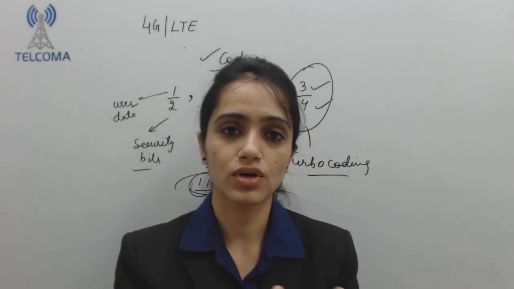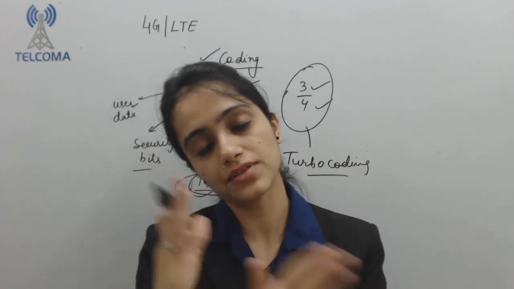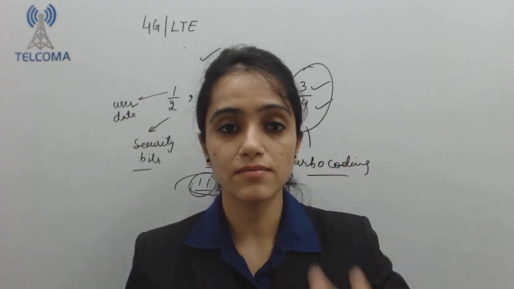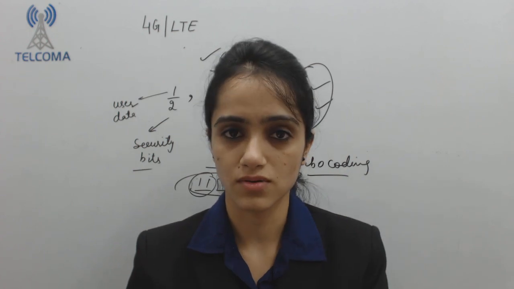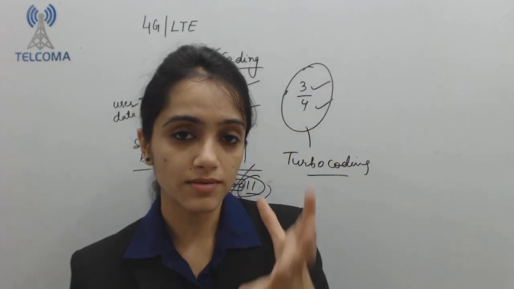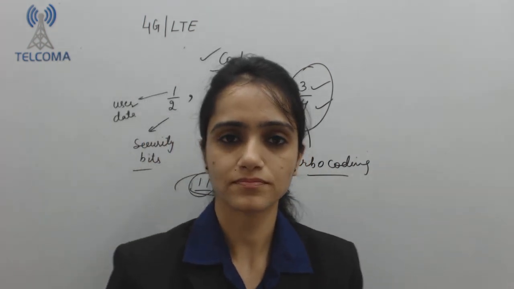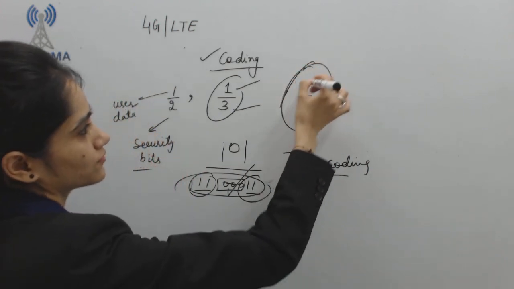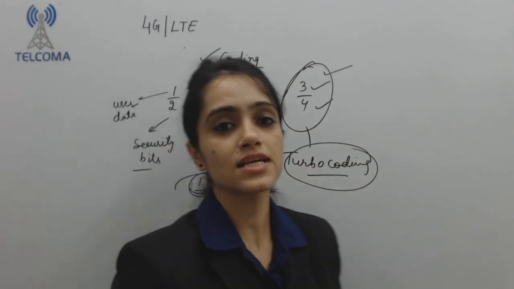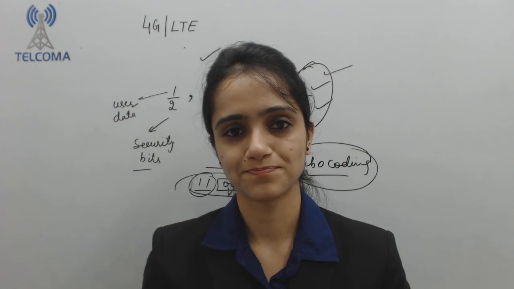We will also achieve less speed, because if half of the bits are secure bits and half of the bits are for your data, that means half of the speed will be consumed by your security bits also. So you need to balance the system so that your speed will be more, and plus you should have the secure transmission. That's why the method of coding we are using in LTE system is turbo coding, which is protecting the bits also but not affecting speed that much.